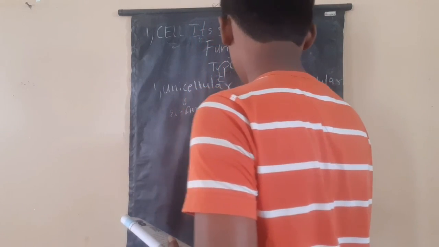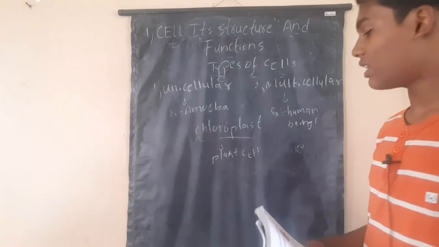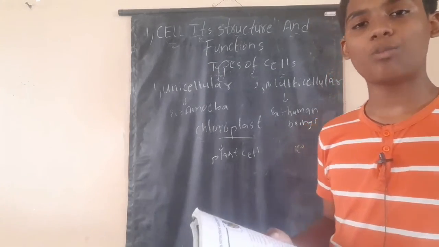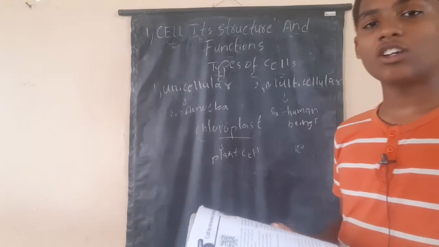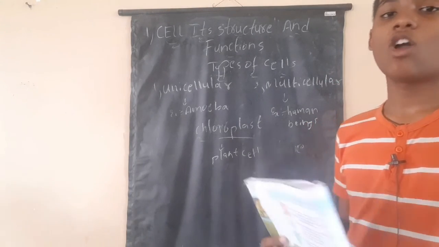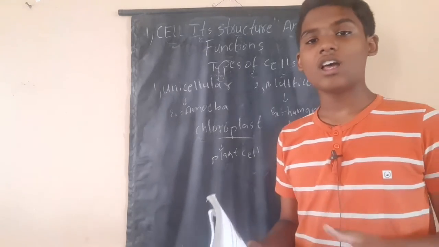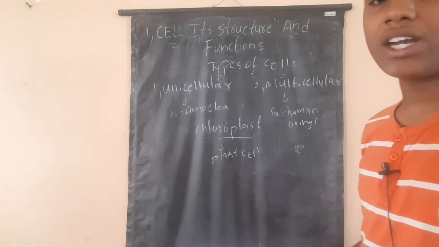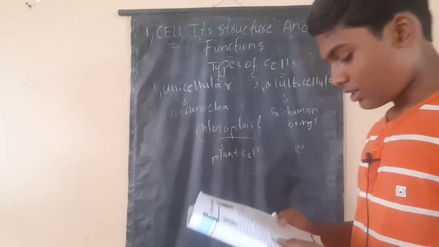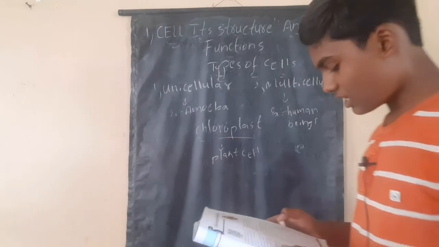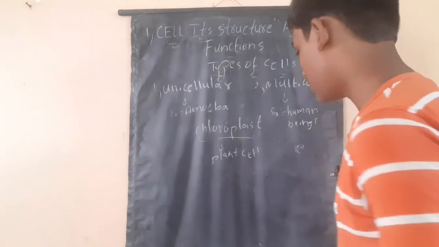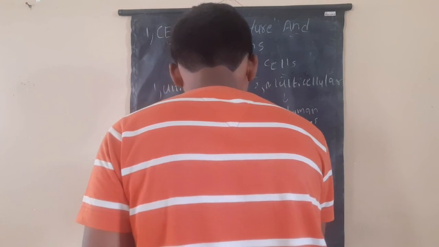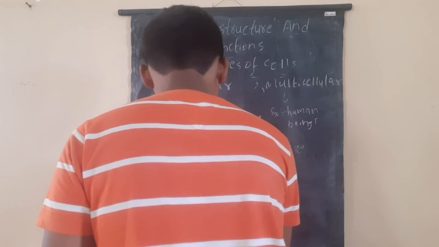But there is a trick and a twist here: not all plant cells contain chloroplast. Only some of the cells in a plant contain chloroplast. Let us see in which parts of the plant chloroplast is found. It is found in the cells of green leaves and tender stems, etc.